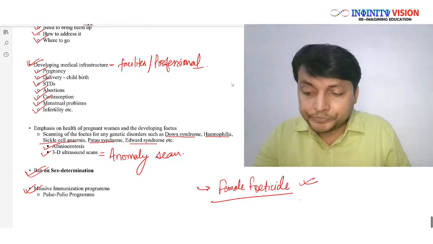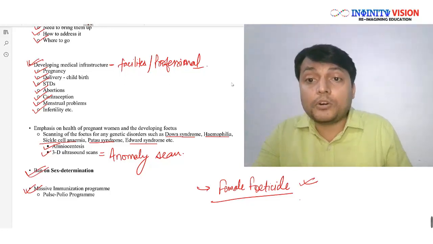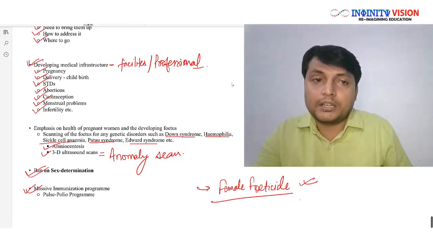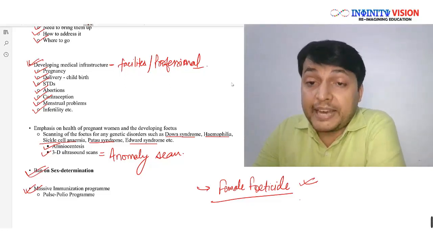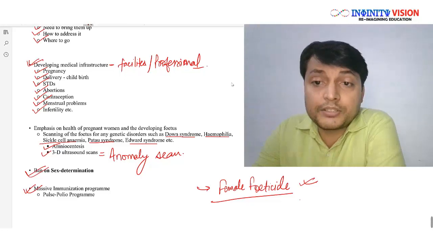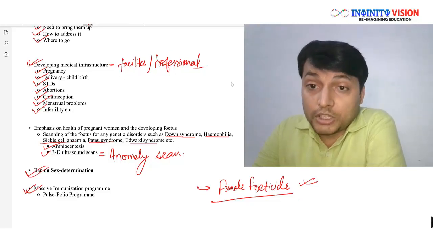For the well-being of our population, the government provides immunization under RCH programs, and it is a massive program. It requires a lot of money.